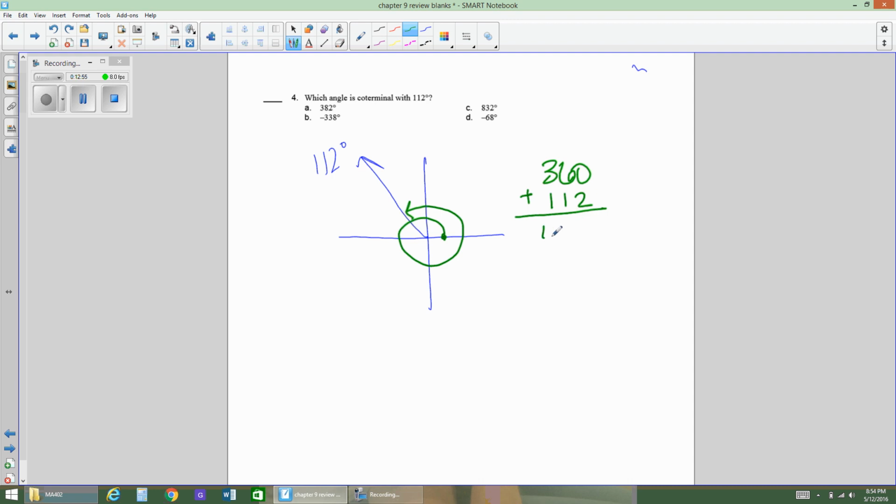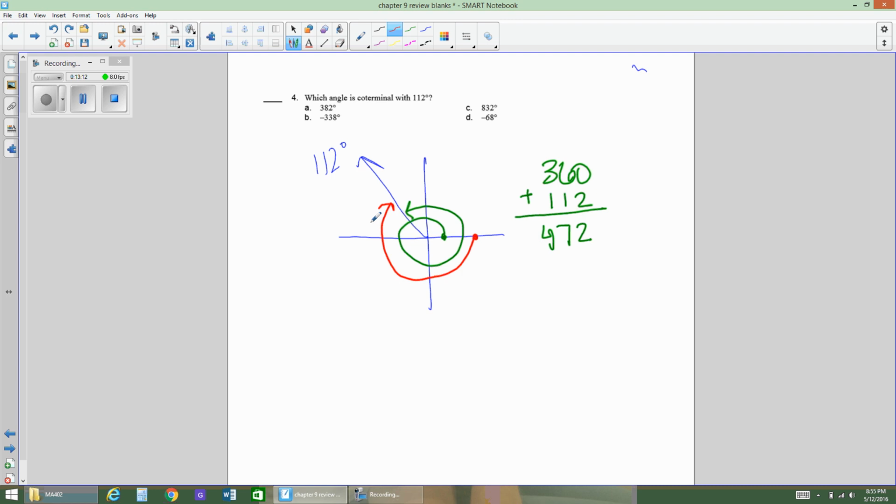I got 472. Nope, not an answer choice. Or I could go negative this much. Now, how much is that?